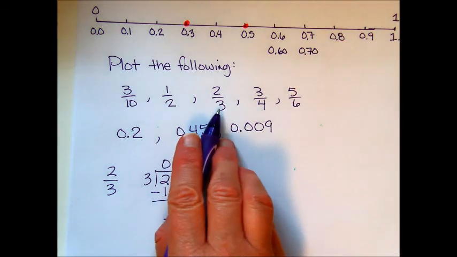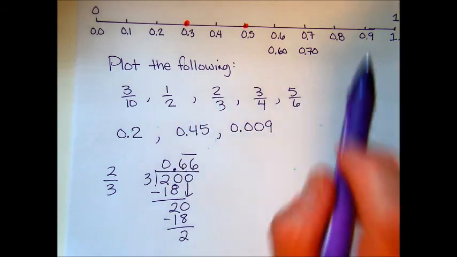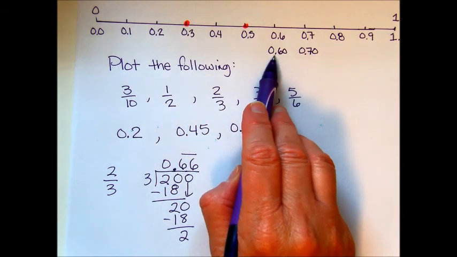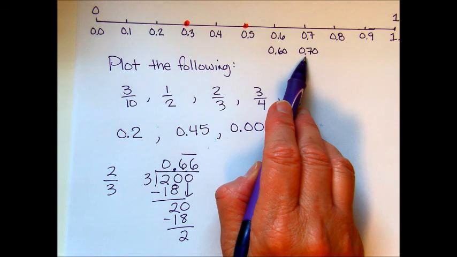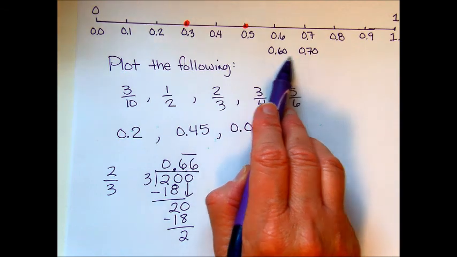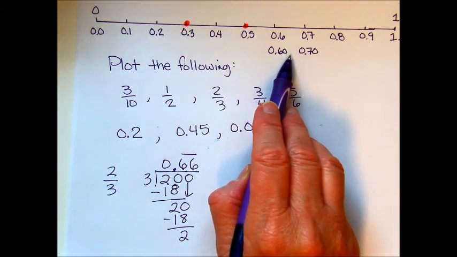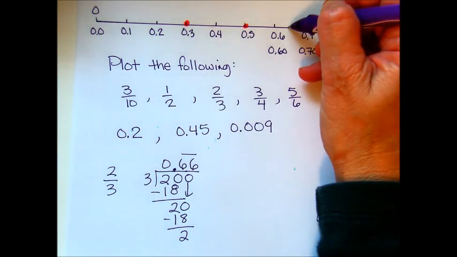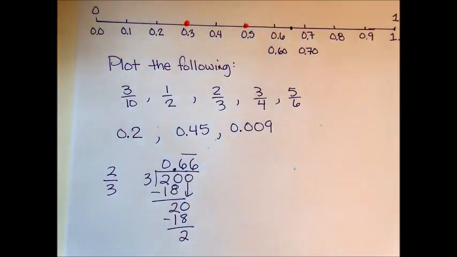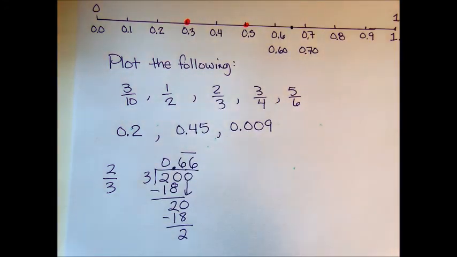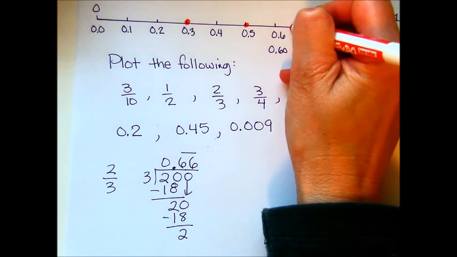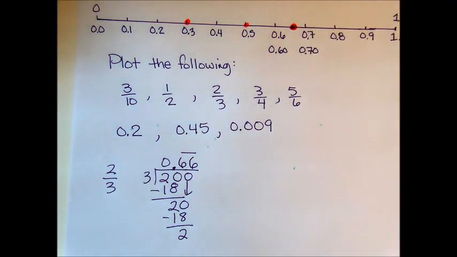So this 2/3 is going to be between 60 hundredths and 70 hundredths. Halfway would be 65 hundredths. So we want to go just a little more. So I'm just going to eyeball it here. And I'll go ahead and mark it with the red so you can see a little better. Okay, so that'd be where 2/3 would be.